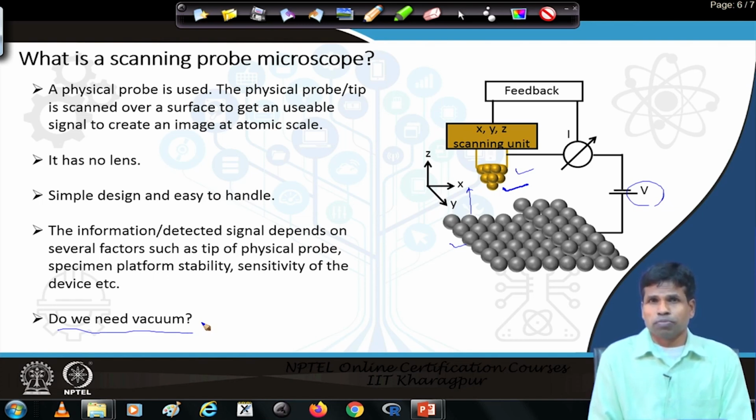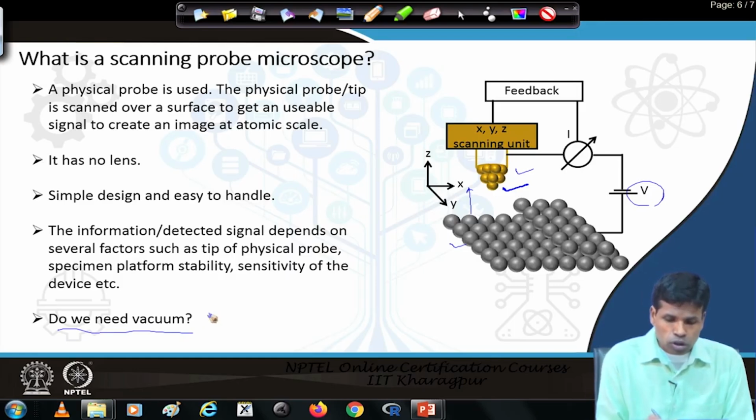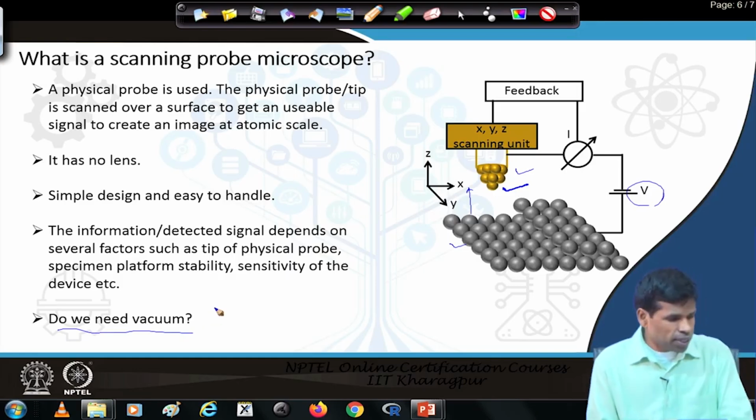So, if we want to study the exact properties, the surface has to be very clean, nothing should be adsorbed on the surface, then only we can see the material surface or the atoms of that material on the surface. Otherwise, just for the morphology we do not need vacuum.